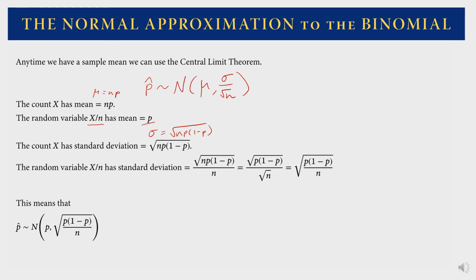And if the count has standard deviation this, then the count divided by n will have standard deviation this. And so the central limit theorem tells us that the sample proportion follows a normal distribution that looks like this, where p is the population proportion.